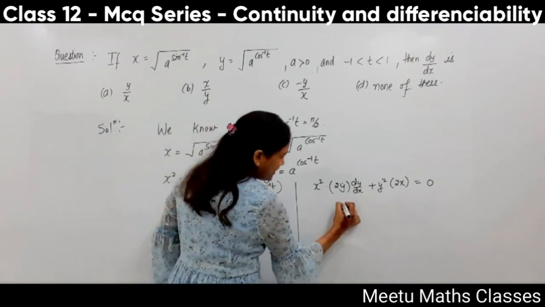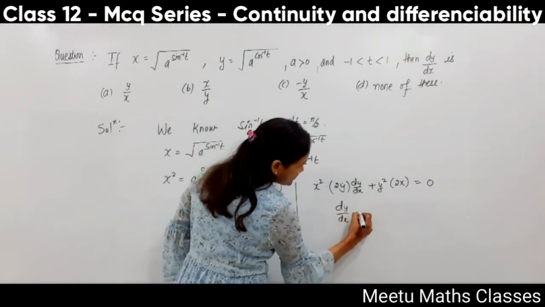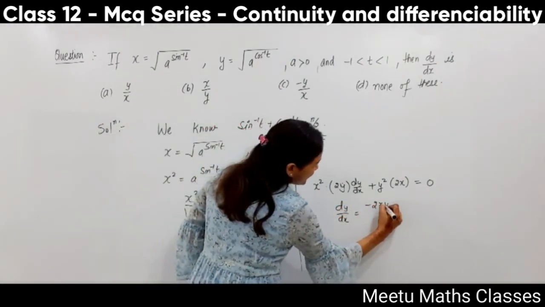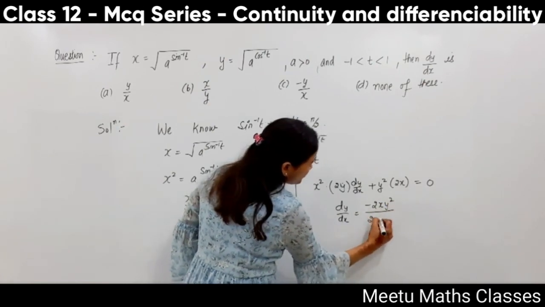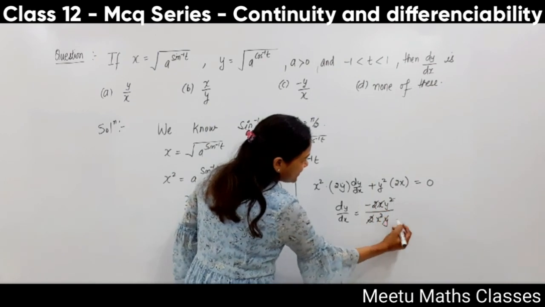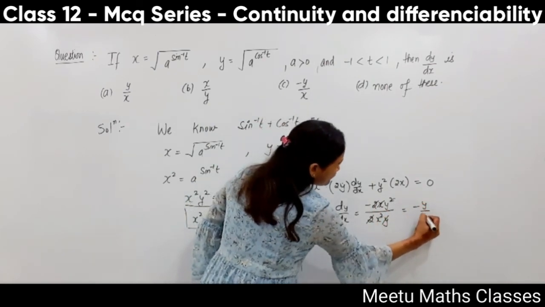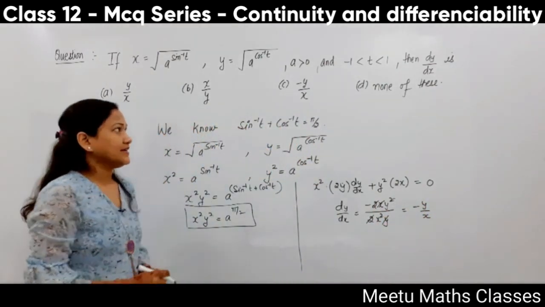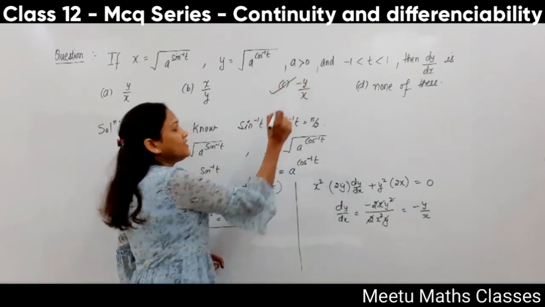So dy by dx will come out minus 2xy square upon 2x square y. 2 will cancel out, 1x and 1y will cancel out, and you are left with minus y by x. So your option C is correct.